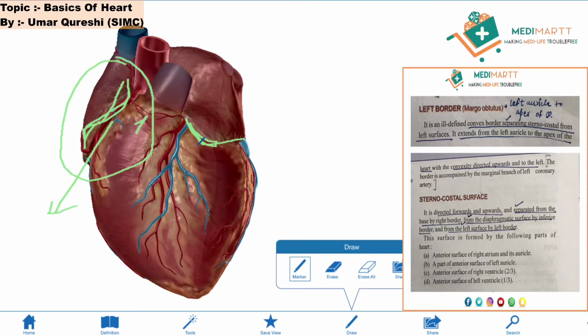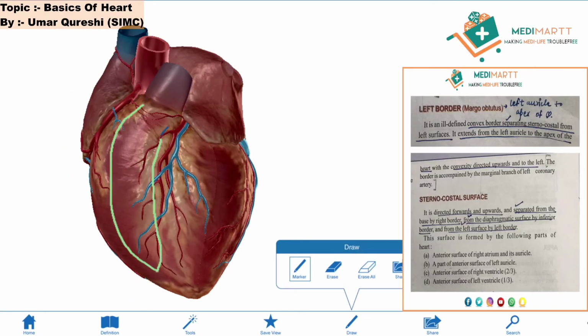Then the anterior surface of the right ventricle. As we all know, this is the right ventricle and this is the left ventricle. The sternocostal surface is facing anteriorly, that's why every part will be an anterior surface.